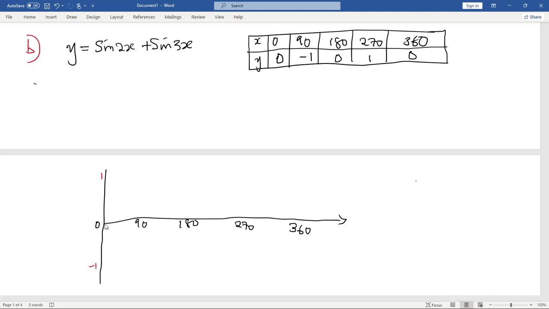When x is 0, y is 0 at this point here. When x is 90 here, y is negative 1, which is that point there. Then when x is 180, y is 0, which is this point here. Then when x is 270, y is positive 1. Then when x is 360, y is 0 here.